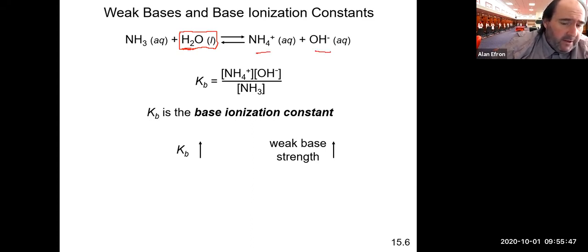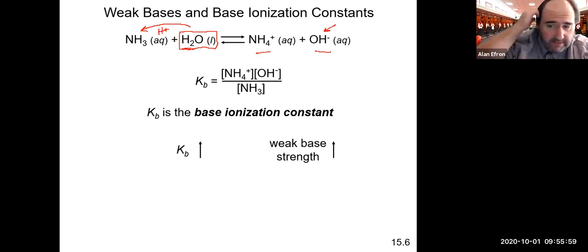So with the water acting as the acid, this is the base, it's going to accept the H plus. And when it does that, that is how we're generating the hydroxide on the product side. Because it's an equilibrium, we would do our products over our reactants. And like normal, water would not be included because it's a liquid here.